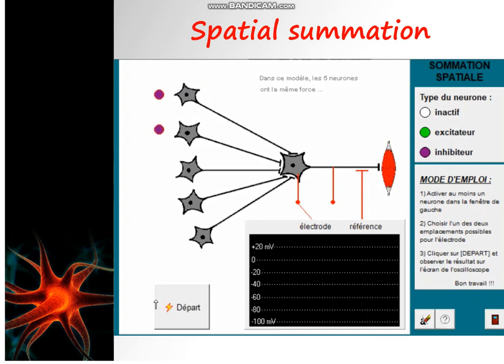As we see in the experiment, the more the number of presynaptic neurons stimulated simultaneously, the higher the amplitude of the IPSP recorded. So this is the effect of many inhibitory synapses on the postsynaptic neuron.